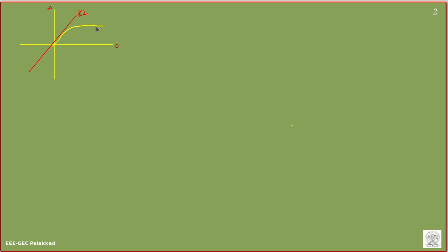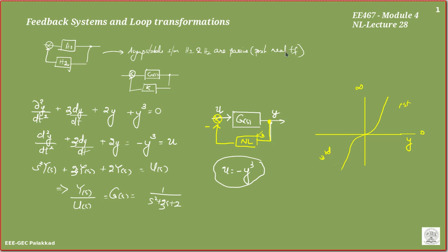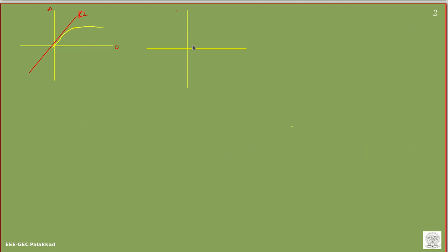So we want to see what all transfer functions G(s), what all plants, can be connected to this kind of nonlinearity so that the whole system remains stable. Let me consider a system which has a feedback nonlinearity of this form.